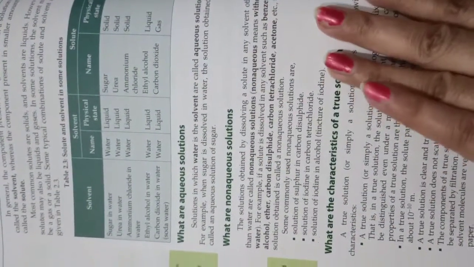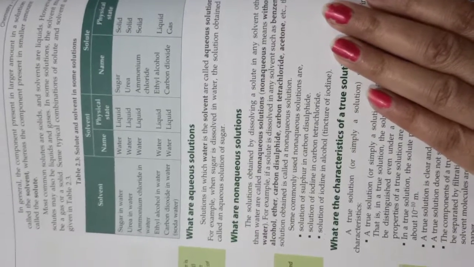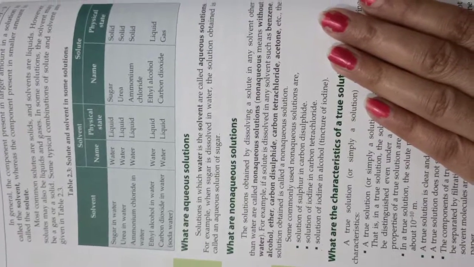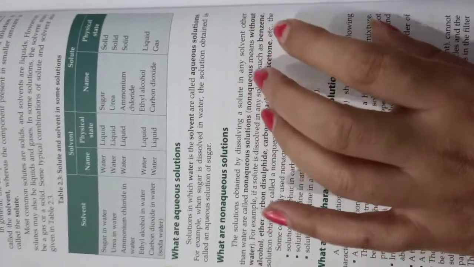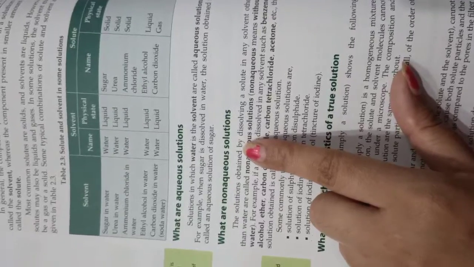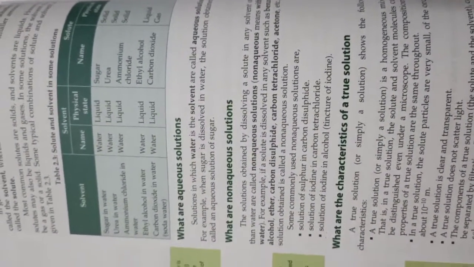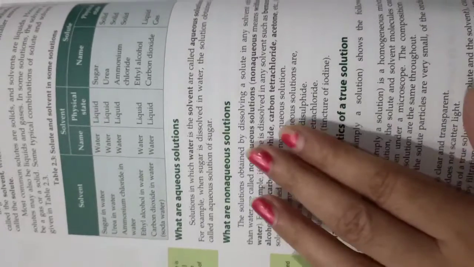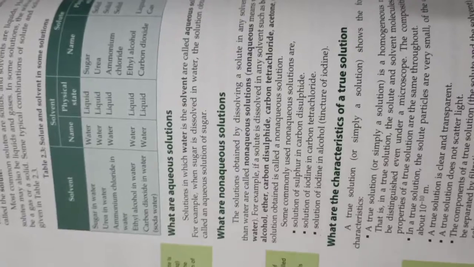Definitions of aqueous and non-aqueous you can also write down. The solution obtained by dissolving a solute in any solvent other than water is said to be non-aqueous. The opposite of it is said to be aqueous.